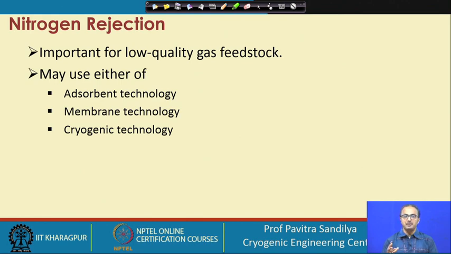You can say that membranes are something like the kind of sieves we use at home to get tea, or to separate out the coarser particles from the wheat flour. And thirdly, we have cryogenic technology, which applies very low temperature to remove the nitrogen, and nitrogen is one of the cryogenic gases.